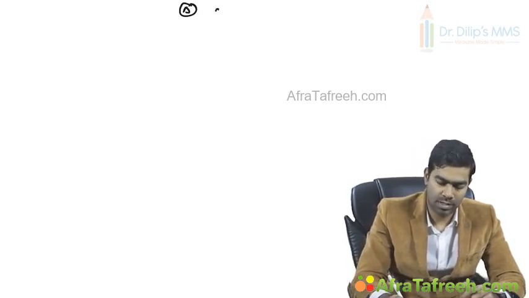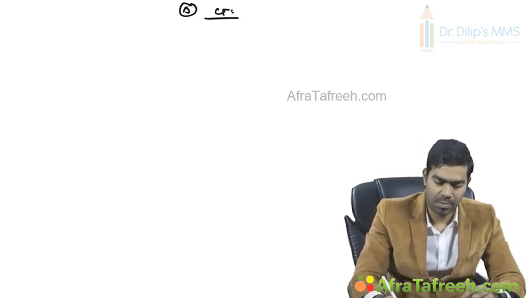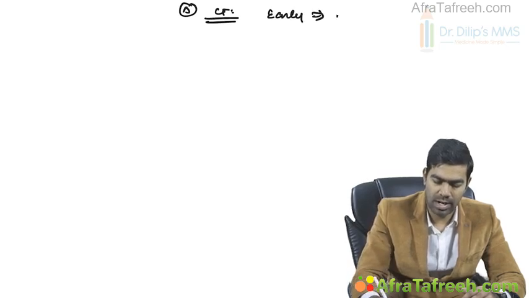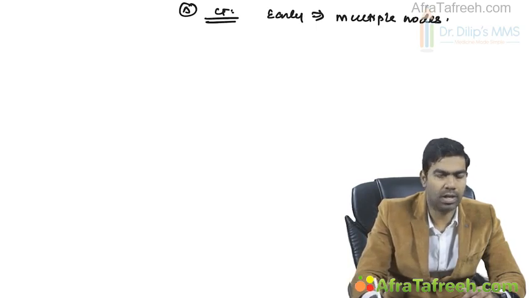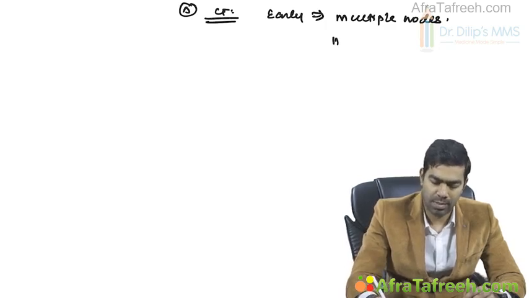Diagnosis wise, the CT will show characteristically certain signs, but during immunosuppression state, in the early stages, characteristically they will show multiple nodules, which will be non-specific, and you cannot diagnose based on these multiple nodular appearances. Second, there might be a halo sign.